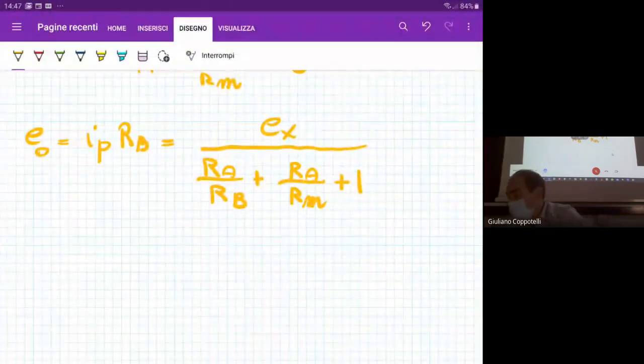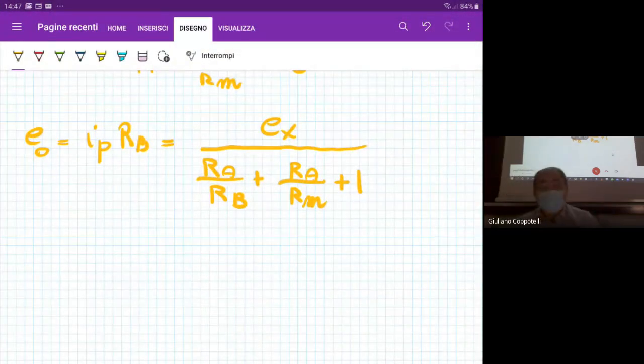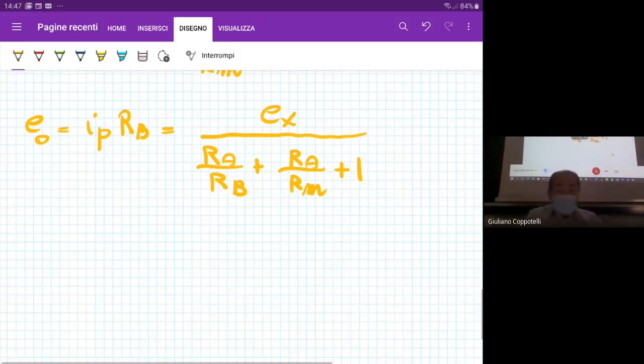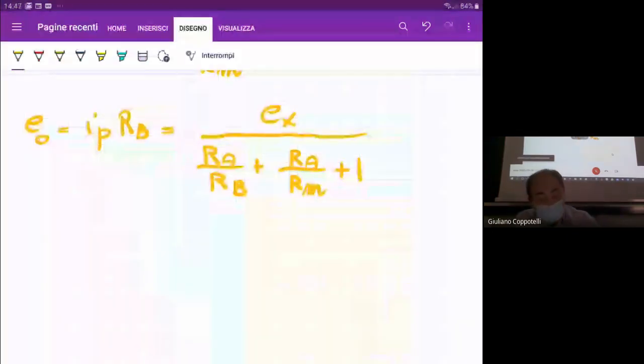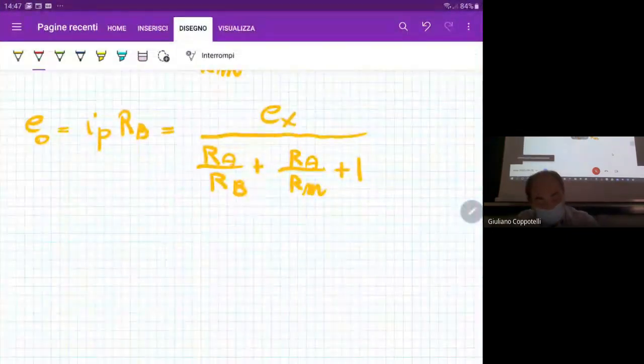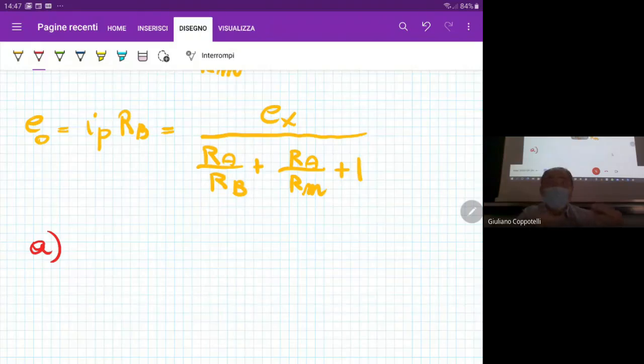What I got here? RA over RB and RA over RM plus 1. Now, if you go back to your notes, you can see that first, the displacement and the resistance, because of the configuration, are linearly related.